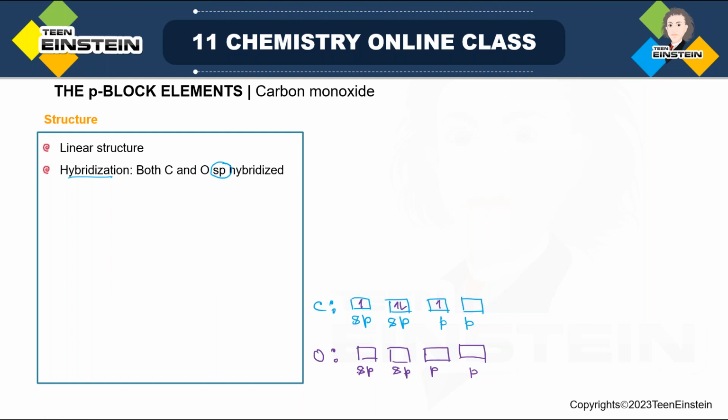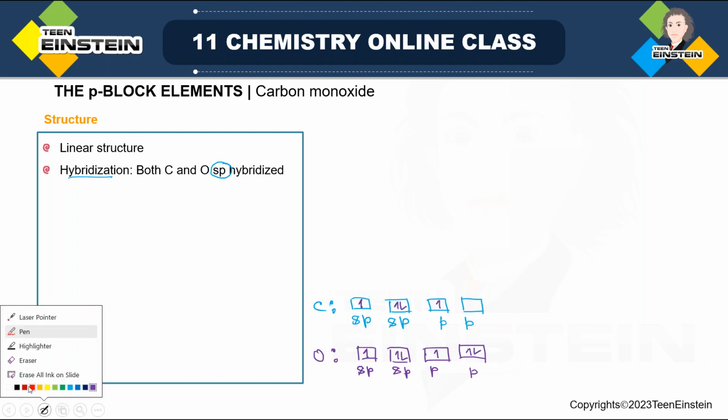In case of oxygen, it is 2s2 2p4, which means a total of 6 electrons. In sp there is 1 electron, another sp contains a lone pair, and the unhybridized p orbital has 1 electron. That is 4 electrons; 2 more electrons are there, here as another pair of electrons.